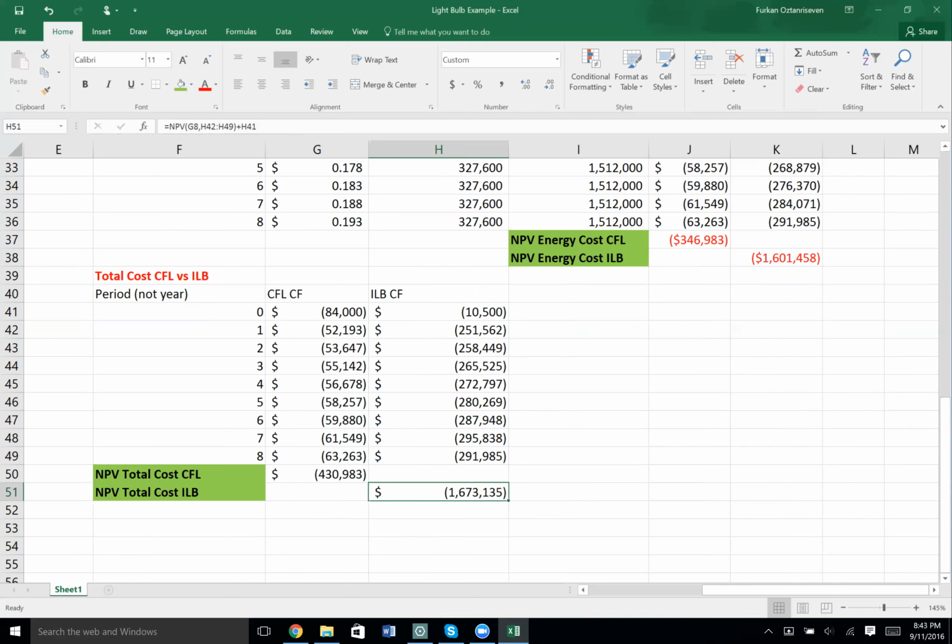So if you wanted to annualize these costs, we could annualize costs for CFL and ILB.